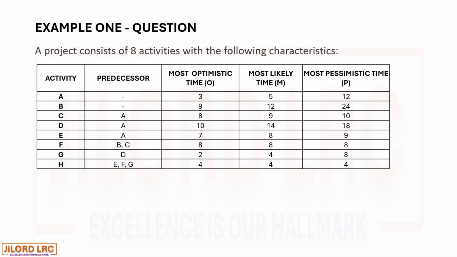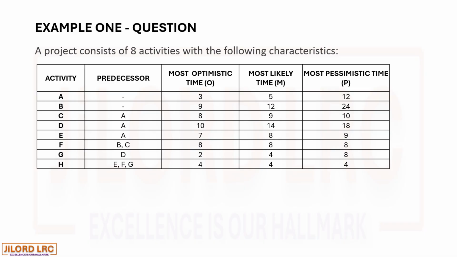Now, when you get to understand what optimistic and pessimistic is, optimistic is having a positive outlook and expecting the best outcome, whereas pessimistic is having a negative outlook, being very doubtful and expecting the worst possible outcome. So these days are the probable days these activities can get completed.